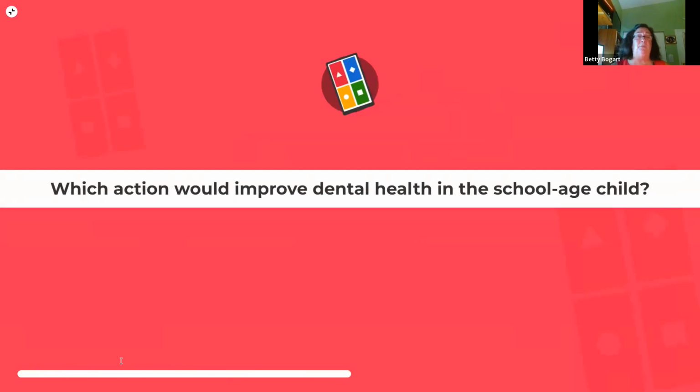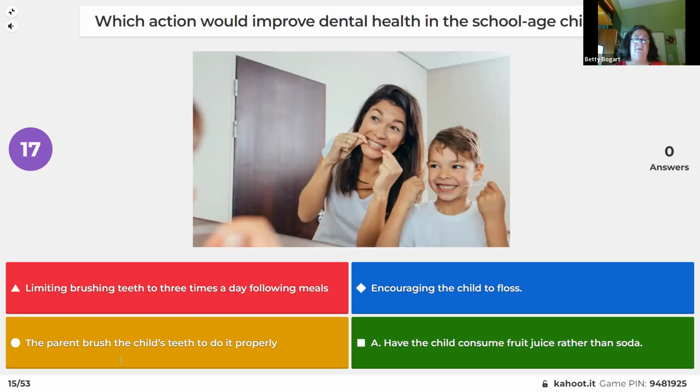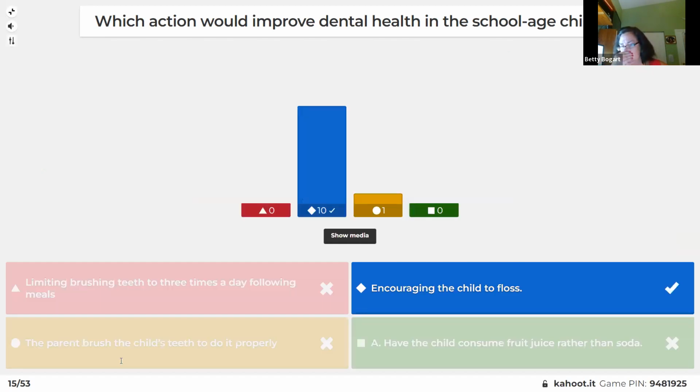Which action would improve dental health in the school-age child? Now, I should revisit this question and say the older school-age child, because a younger school-age child... so an older school-age child, you should encourage to floss for sure, or the adolescent.